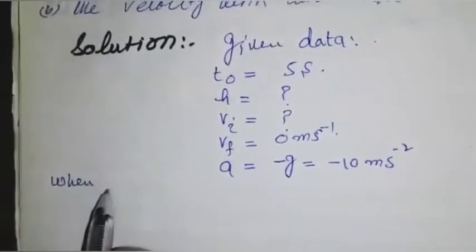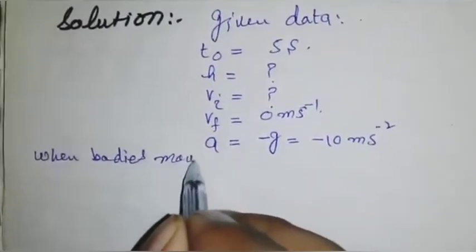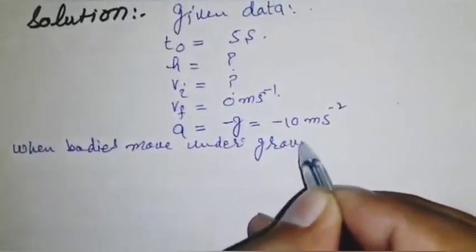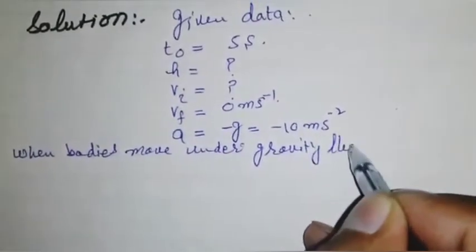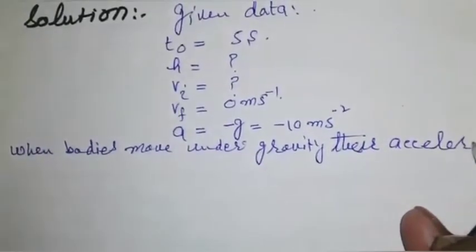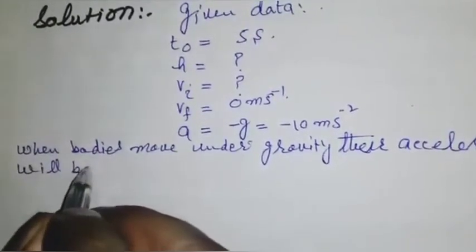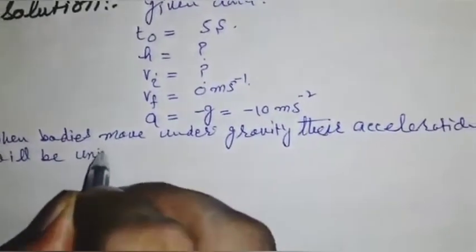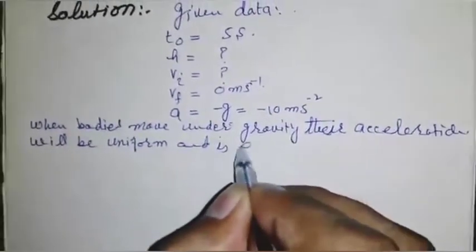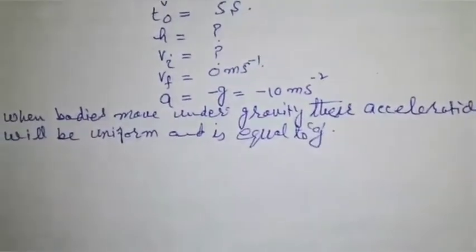When bodies move under gravity, their acceleration will be uniform and equal to g.